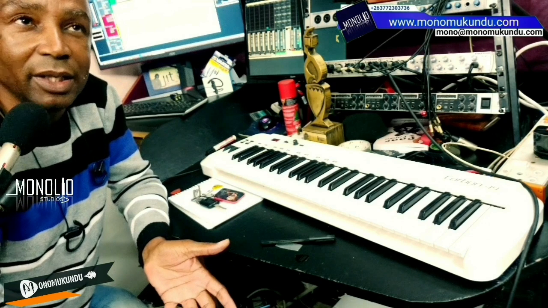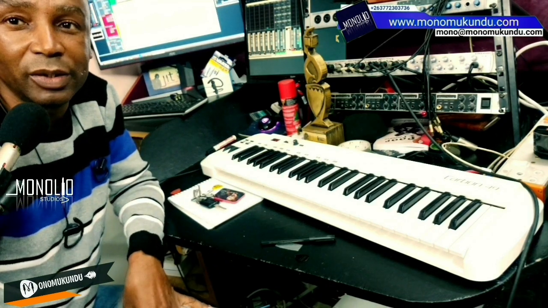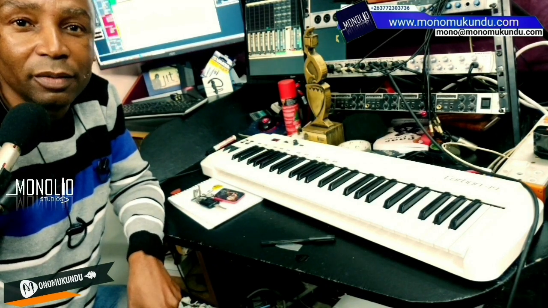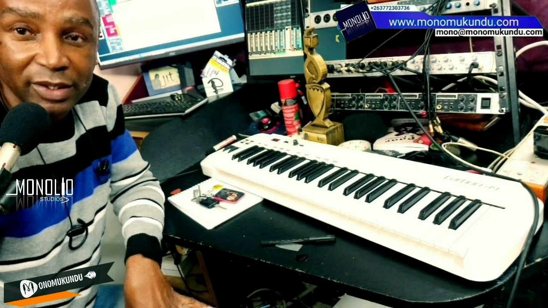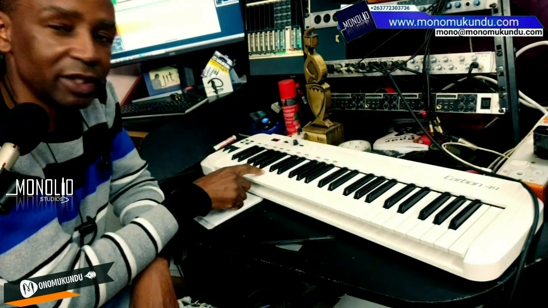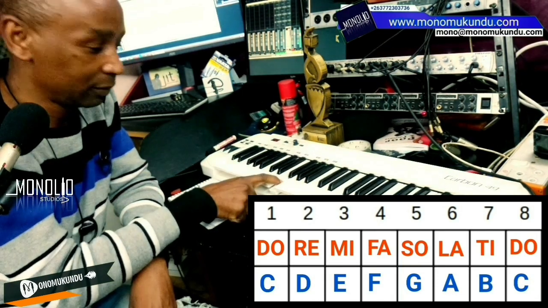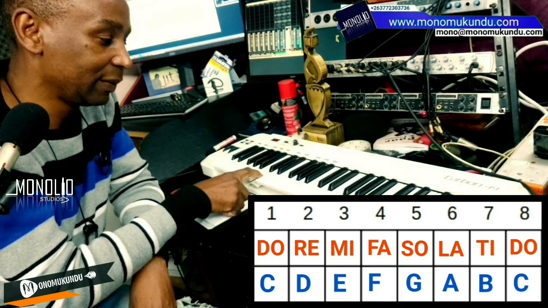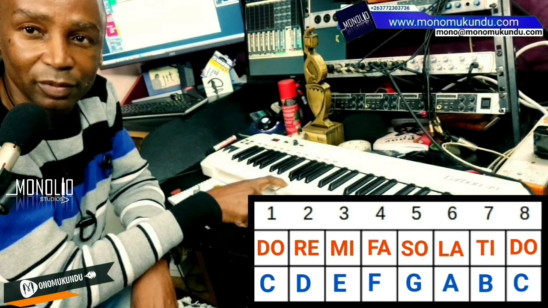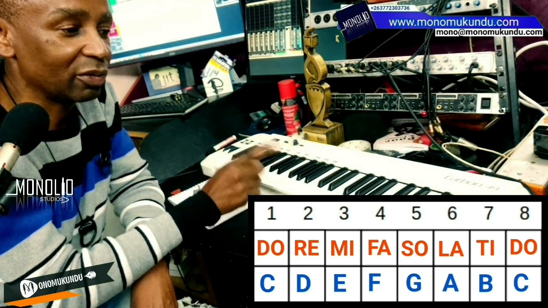You have always heard me say that Sungura music usually uses 1, 4, 1, 5 chord progressions. What it means is in the key of C, 1 is C, 4 is F, then you go back to 1, which is C, and 5, which is G. So that's 1, 4, 1, 5.